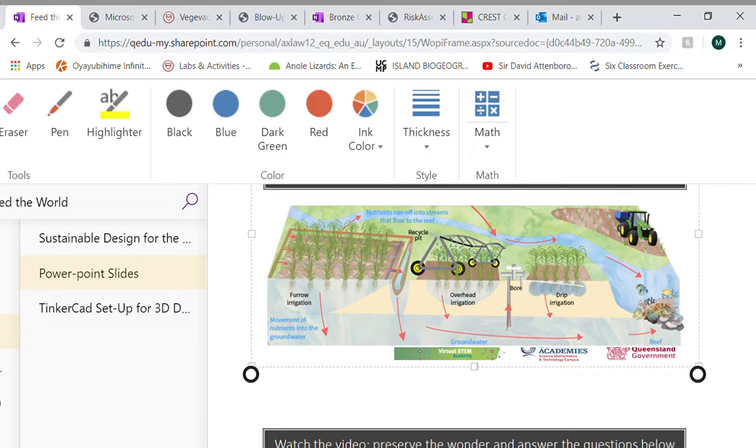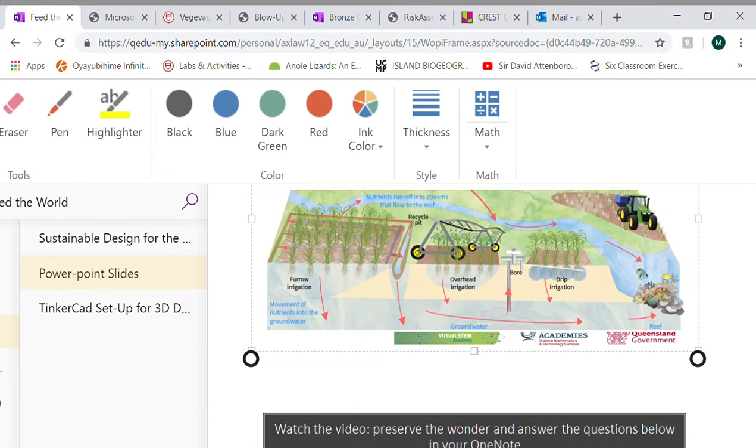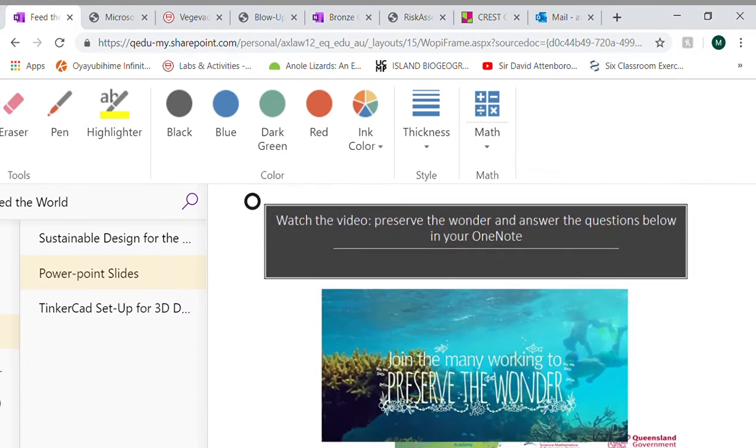We were talking about nutrient runoffs, phosphates and nitrates, and they run off into local streams and flow through into our reef. We also talked about the crown of thorns starfish proliferation due to an increase in the nutrient buildup, and the bleaching of coral over time. So we talked about that in previous lessons as well.